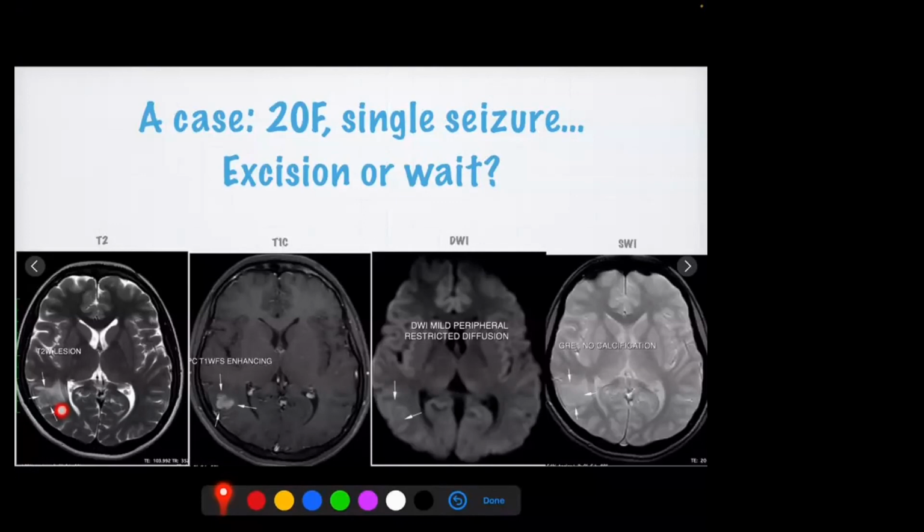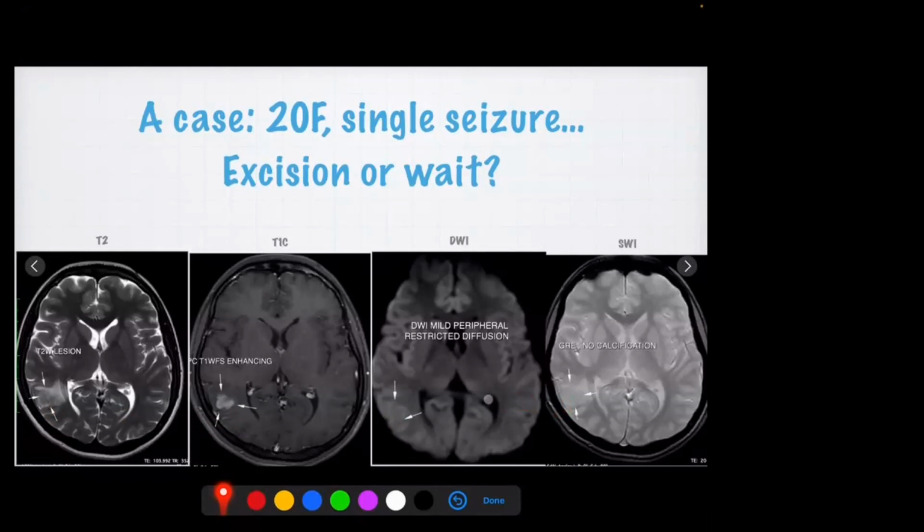So the lesion was a solid enhancing lesion, not a ring enhancing lesion. And the corresponding place of the lesion was isointense on T2. So again, not much to take away from these sequences. There was no significant restriction on DWI, and same thing, no contribution from SWI as well.